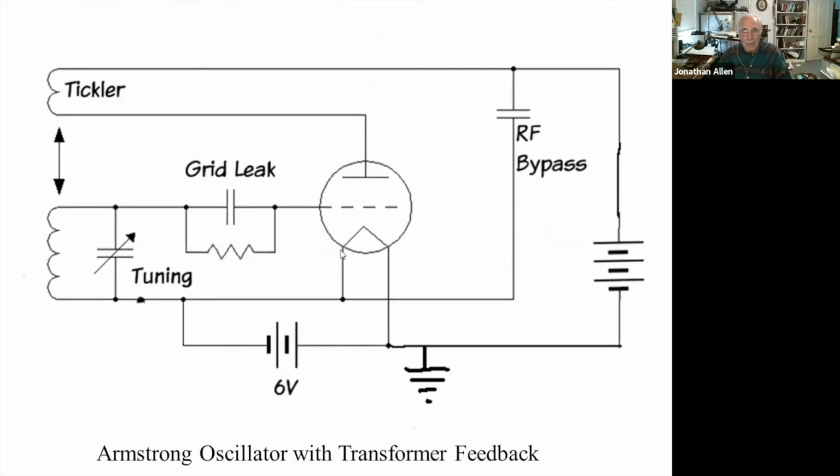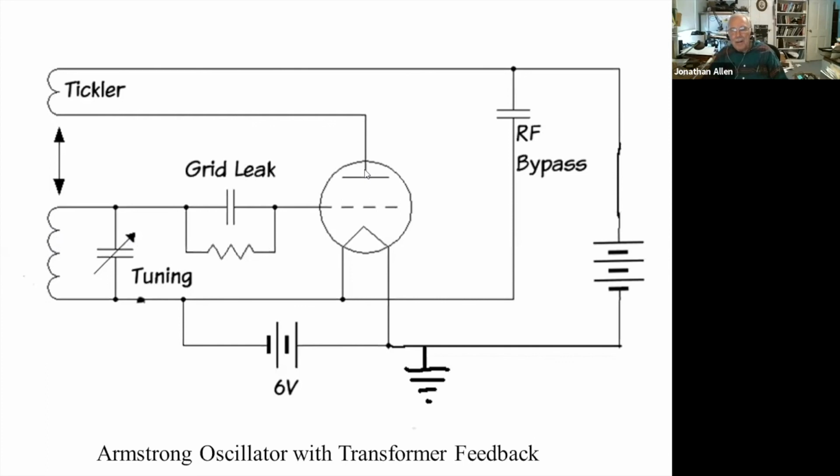Here's your triode with the filament and the battery that lights the filament. You have a tuned circuit that sets the frequency, the square root of the product of inductance and capacitance sets the angular frequency.